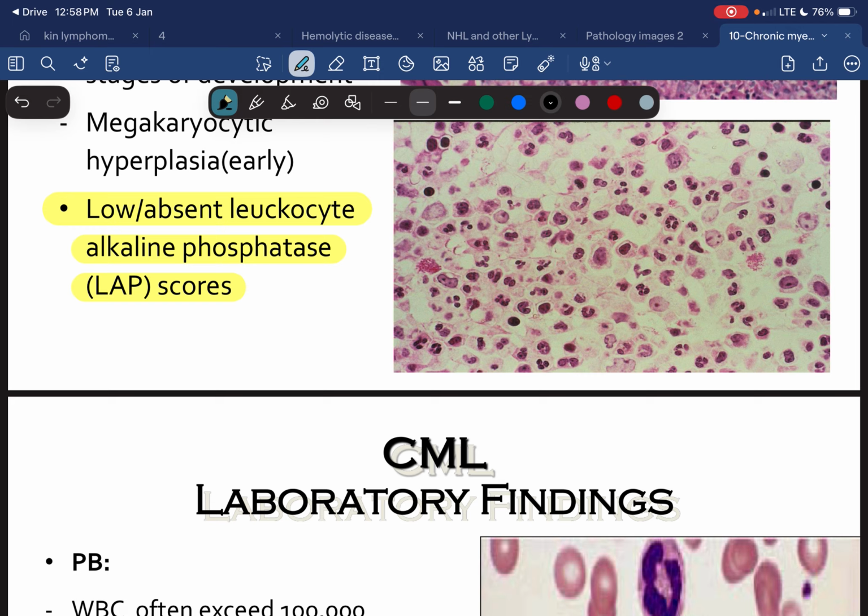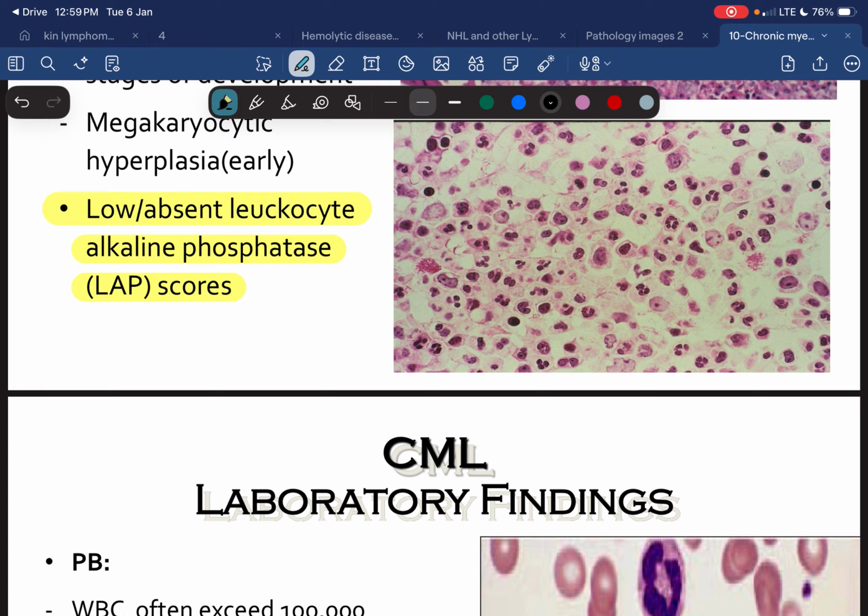Here you can see sheets of granulocytes, here the segmented neutrophils, eosinophils, basophils, okay? White blood cells exceeding 100,000, circulating cells at different stages of maturation of granulocytes: neutrophils, metamyelocytes, myelocytes, basophils and eosinophils.